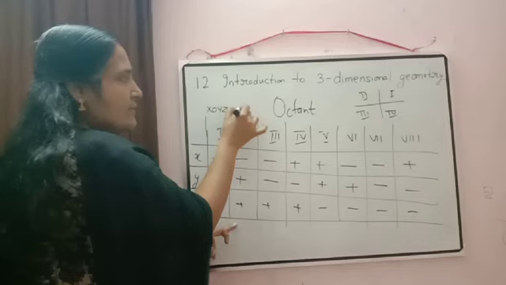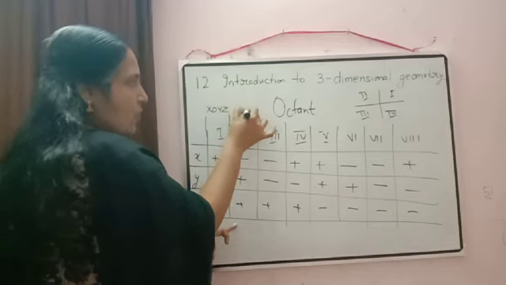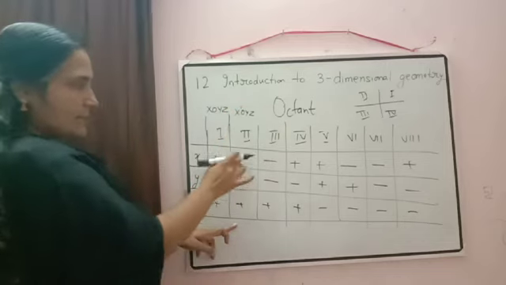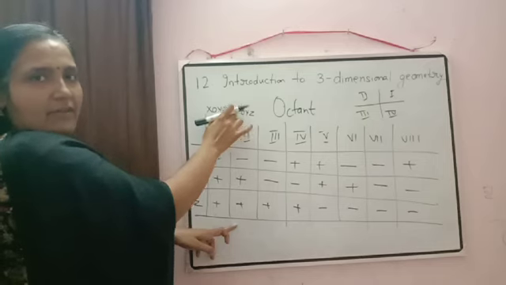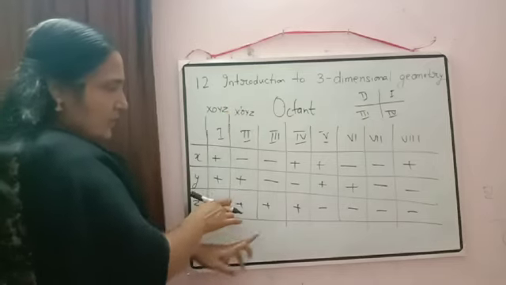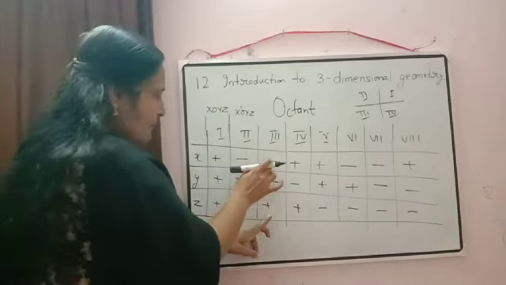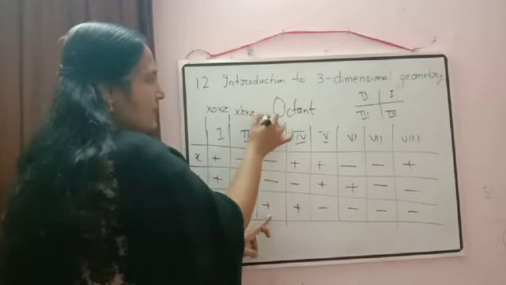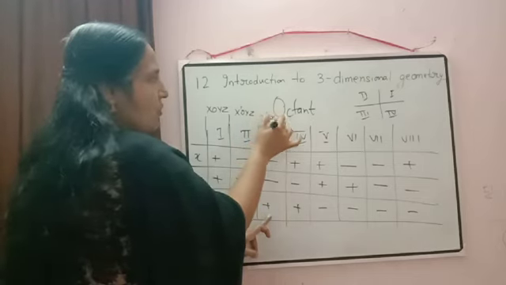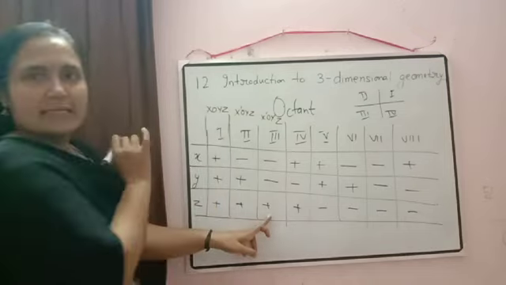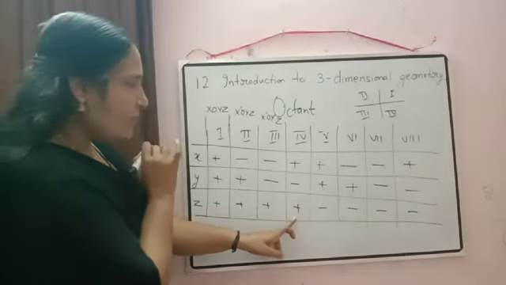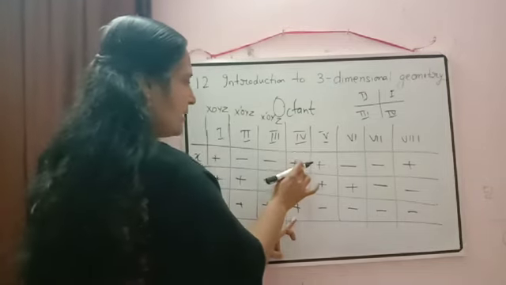So how will we write this? X dash o y z. The x coordinate is negative, that's why we wrote x dash. Now check the third one. X and y both are negative. So we will write x dash o y dash z. Okay. Then in the fourth octant, how will we write it?